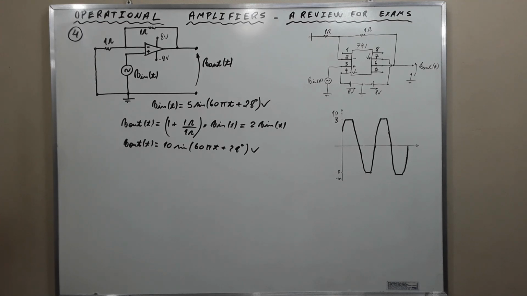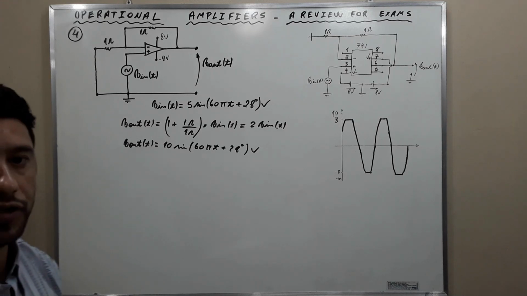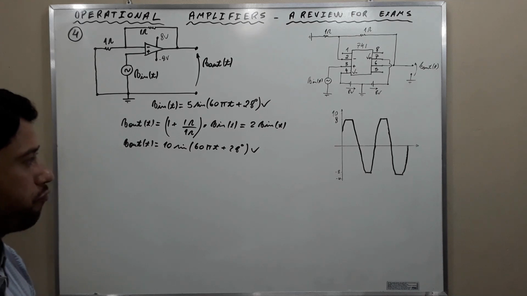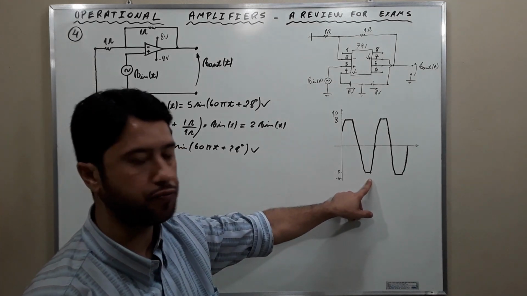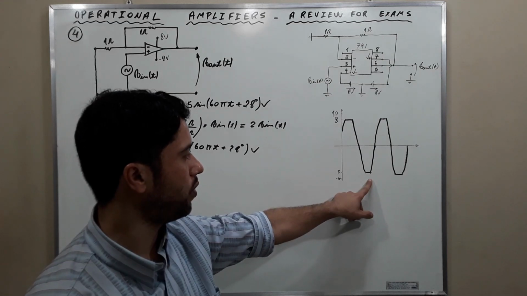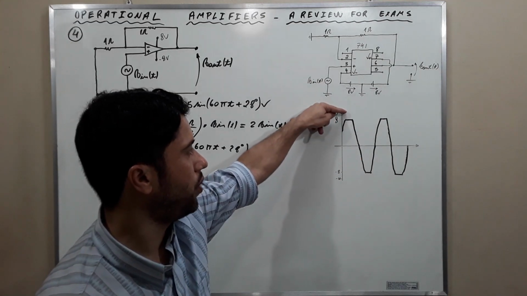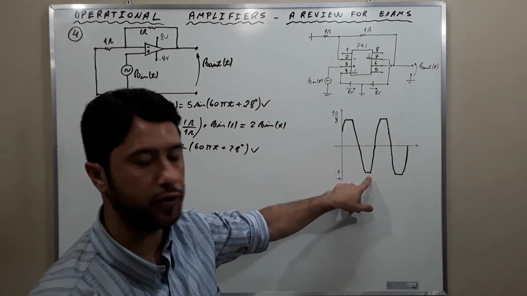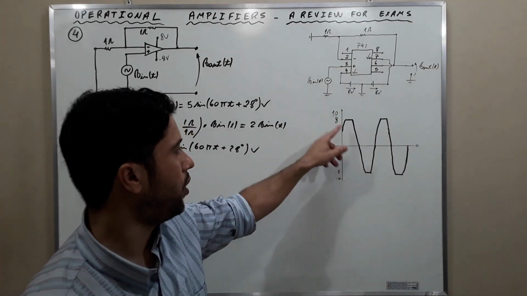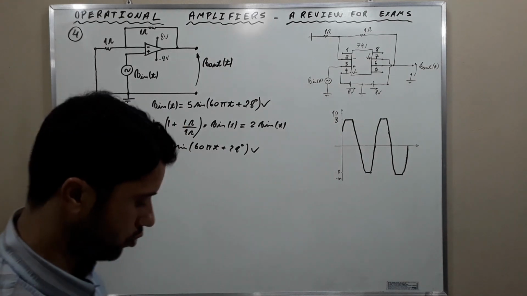Therefore, the waveform will be clipped off at plus minus 8 volts and will not reach the peak of plus minus 10 volts, okay? And this is the clipped off output waveform. We are not going to reach 10. The waveform is going to be clipped off at positive and negative 8 volts.